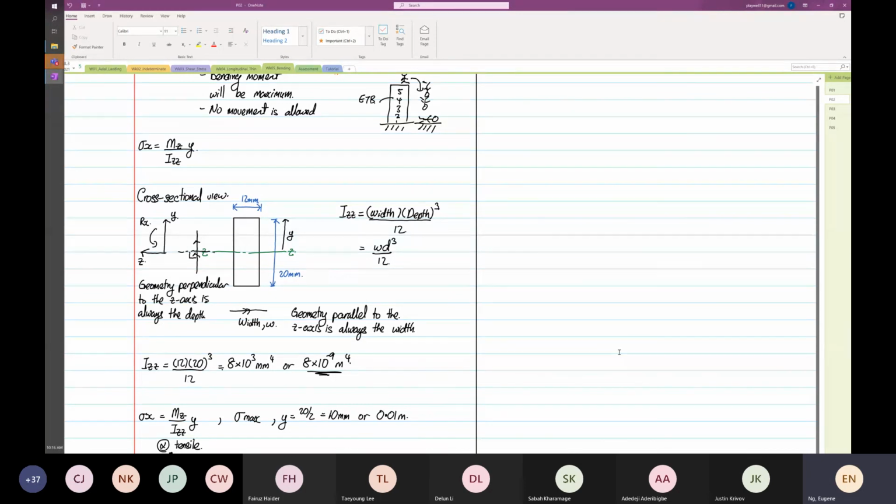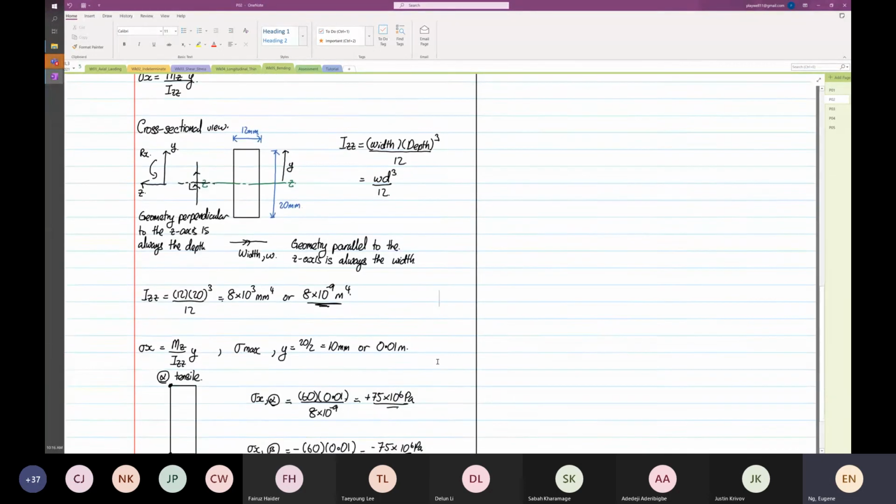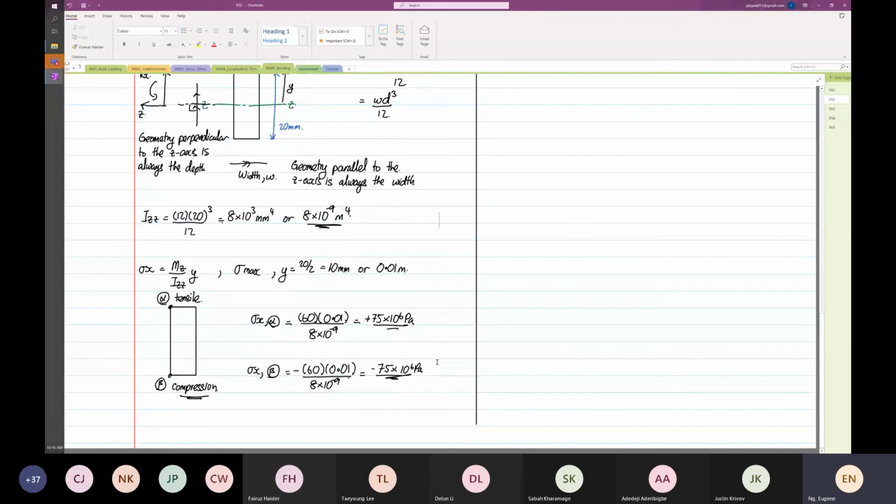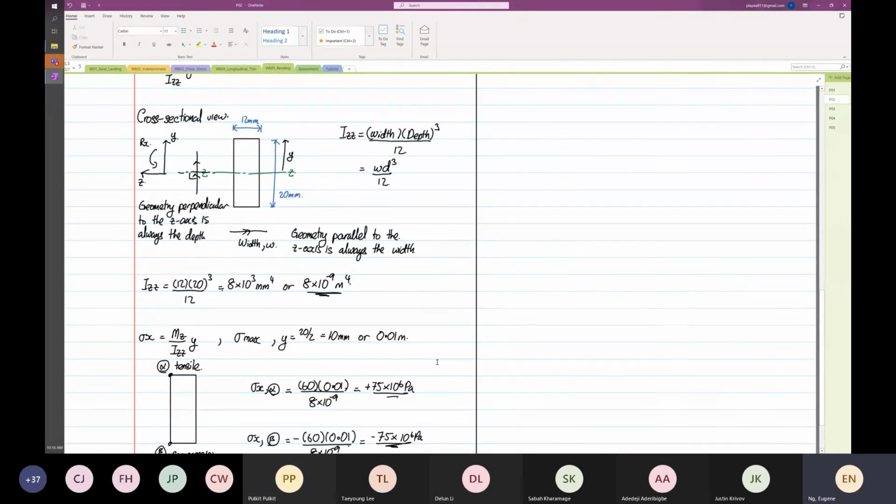For this case, it happened to be the same because the structure is axis symmetric about the Z and the Y axis. If the part is not symmetric, then the values will not be the same. Later on, I'll show you an example when it's not symmetric.